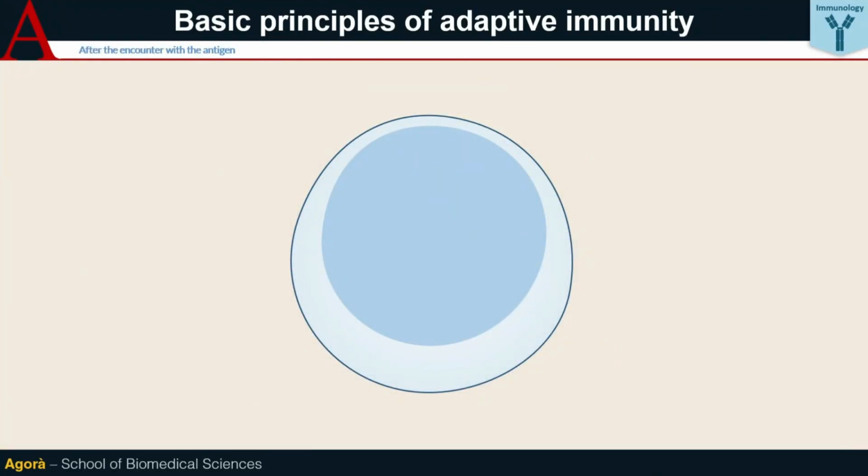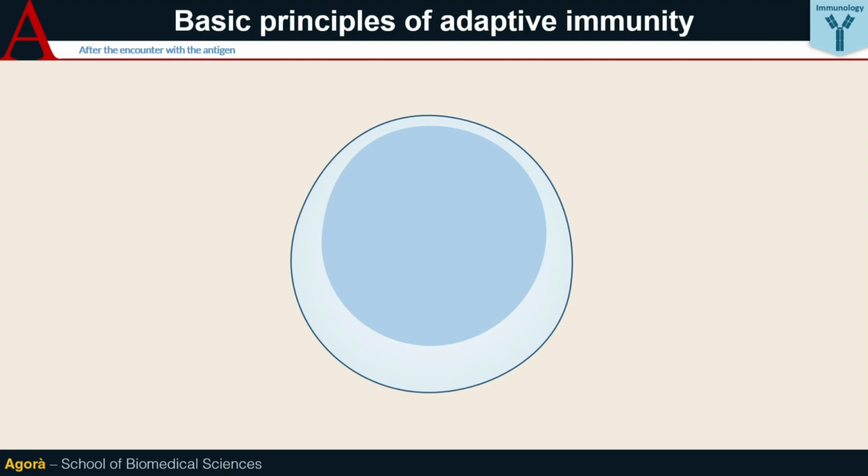Experiments on mice have shown that there are only a few hundred lymphocytes specific for a given antigen in the body, which certainly can't stimulate a response against a pathogen all by themselves. Therefore, when a lymphocyte becomes activated, it stops migrating and proliferates even before becoming effector.